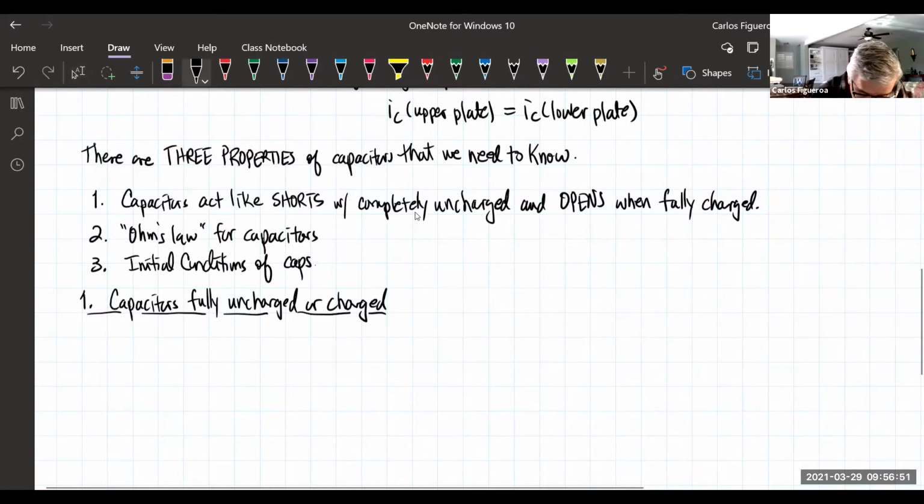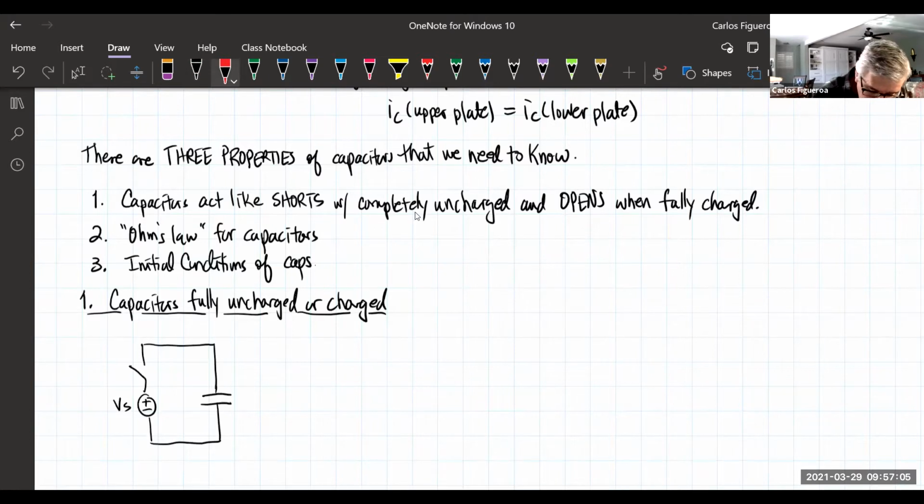So imagine that I have a circuit with a switch, and this is my capacitor right here. I'm going to close my switch. Now, the moment that I close the switch, we really got to pay attention to language.